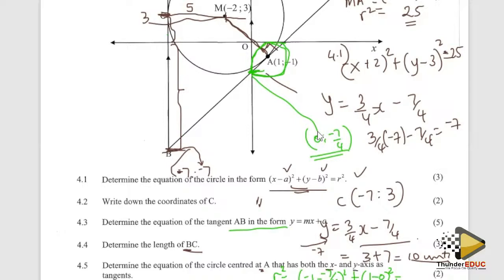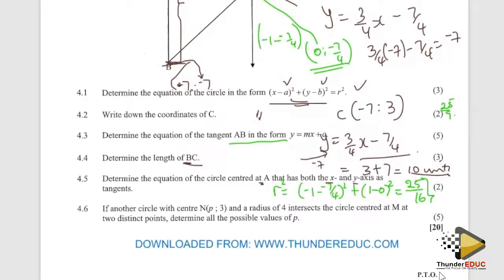That gives me 25 over 16. I don't know if that makes sense. 25 over 16, or something is not making sense. If I'm taking 25 over 16 or 25 over 9, for me to get the equation, I'm just going to say (x minus 1) squared plus (y plus 1) squared is equal to 25 over 16 or 25 over 9. Something like that.